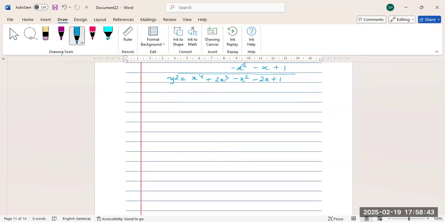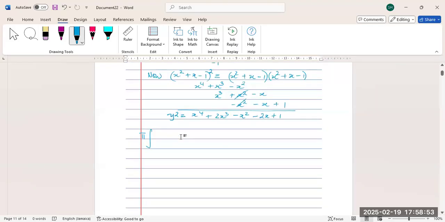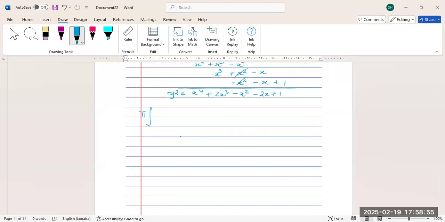So now I'm going to be integrating pi, Lord Jesus, what was this again? 2 - 1. X to the fourth plus 2x squared minus x squared minus 2x plus 1 dx.